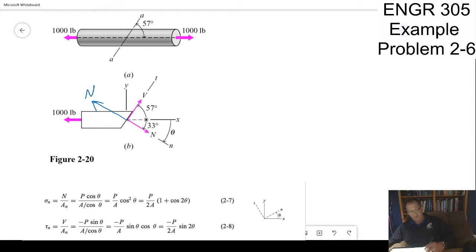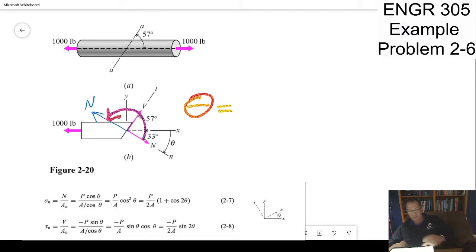Now my angle is this, and theta is now in the positive direction. So that's different. It's going to be 57 degrees plus 90, or 147 degrees.